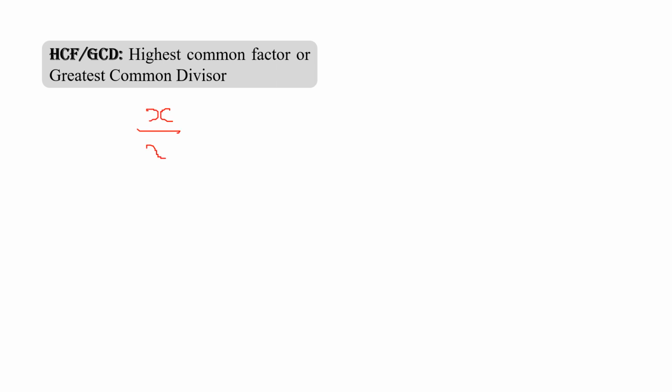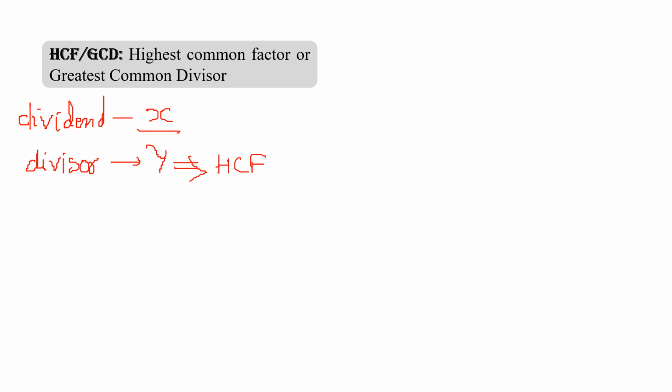Now in a fraction, say x upon y, we know x is called the dividend. The numerator is the dividend and the denominator is the divisor. So when we are asked to find the HCF or GCD, greatest common factor, greatest common divisor, we are supposed to find the denominator of the fraction.